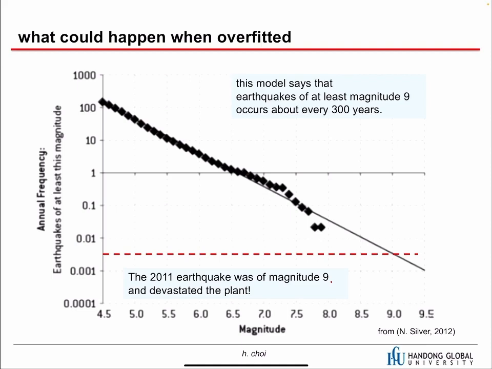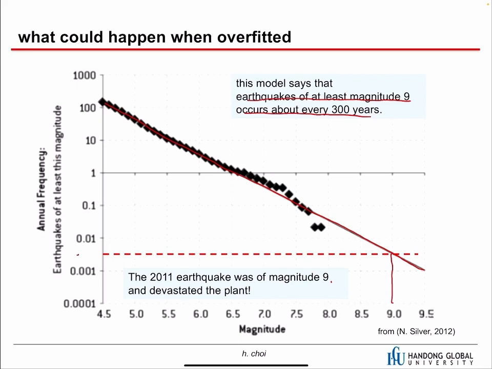With the same data samples, if we have a model like this, a little simpler model, then it says the earthquake of at least magnitude 9 occurs about every 300 years.